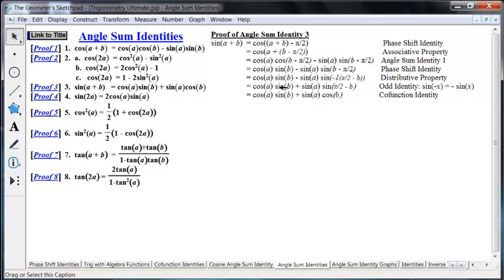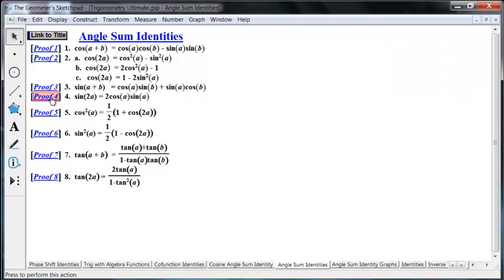So now we have cosine A sine B plus sine A times sine of pi over 2 minus B. And we have a cofunction identity that we covered earlier, and this tells us that sine of pi over 2 minus B is the cosine of B. And so we have what we desired to prove, that sine of A plus B equals cosine A sine B plus sine A cosine B.